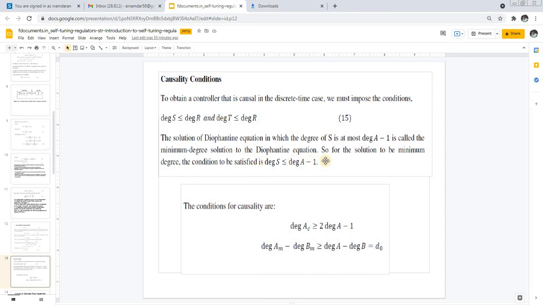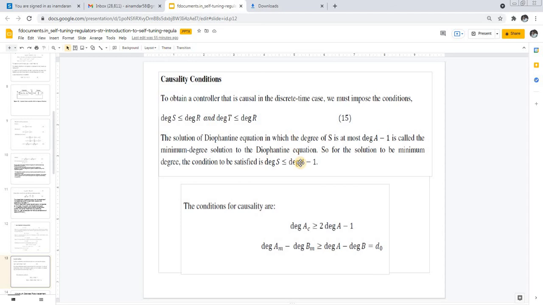So for the solution to be minimum degree, the condition to be satisfied is degree of S less than degree of A minus 1.